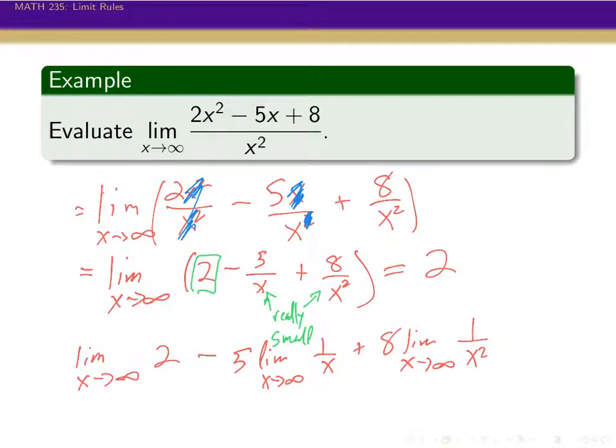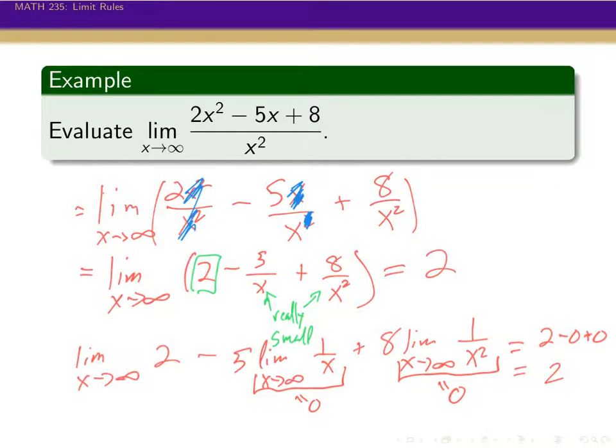Well, the limit of 2 is 2. The limit of 1 over x as x goes to infinity, that's x to a negative power, so that's 0. And this is really x to the minus 2, so that's equal to 0. And so what we really have is 2 minus 0 plus 0, which is just 2.